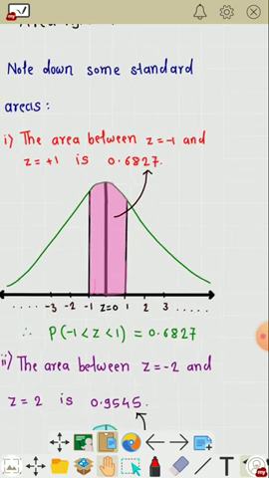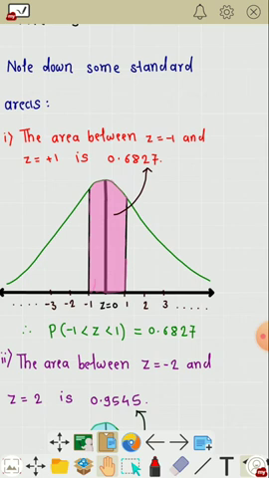So from this area we can find the area from z equal to 0 to z is equal to 1, and that area must be equal to half of this total area. Or we can find the area between z equal to -1 to z is equal to 0. That area is also half of this total pink area.